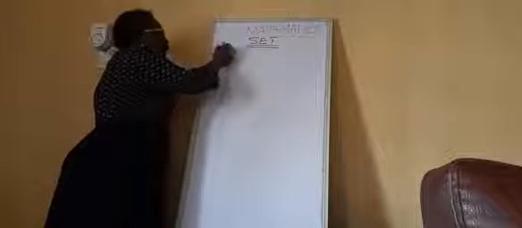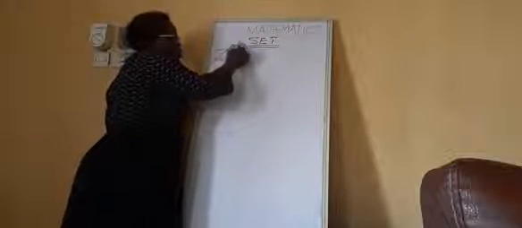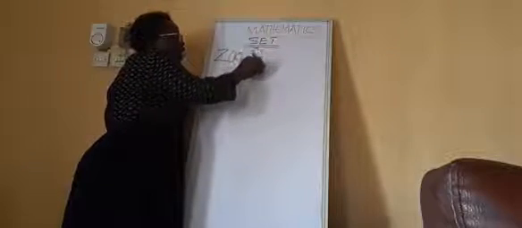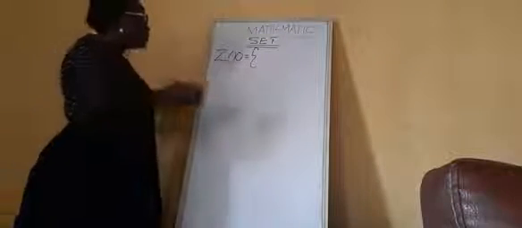Now, let's take as an example, zoo is a set. When you have a zoo, let me ask you a question. What are the objects? What can you find in the zoo? Yes, tiger, you write it with a small letter. Yes, lion.